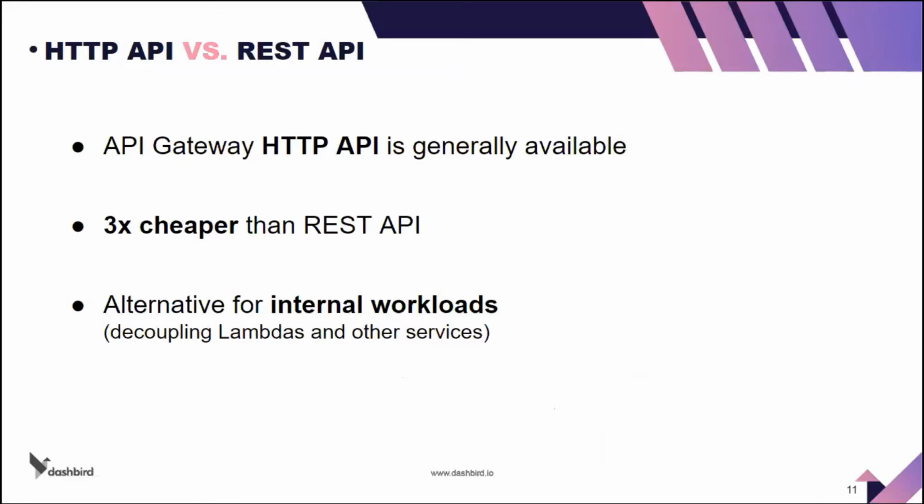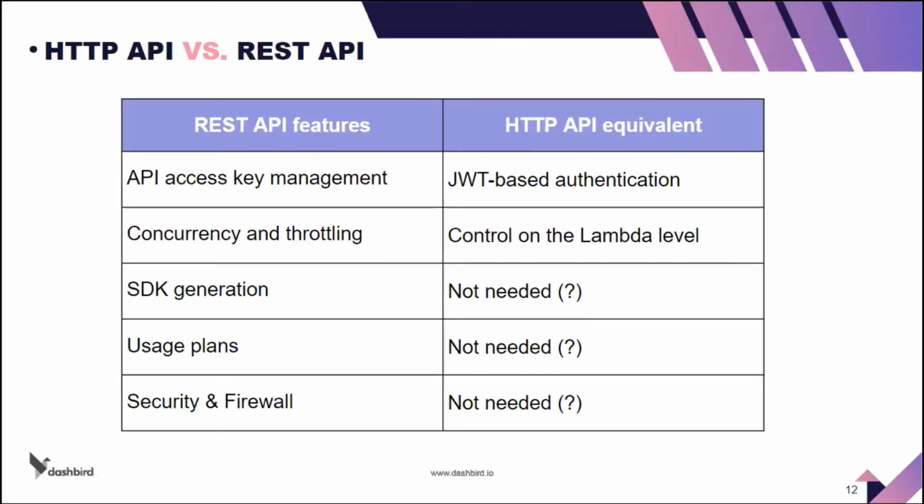It's 3 times cheaper than the REST API, and it's a good alternative to decouple Lambda functions, for example, instead of having multiple Lambda functions calling each other in a highly coupled way. We could use the API gateway HTTP version, which is a lot cheaper to decouple those Lambda requests. And the features that are missing are not really very important for most internal use cases, especially.